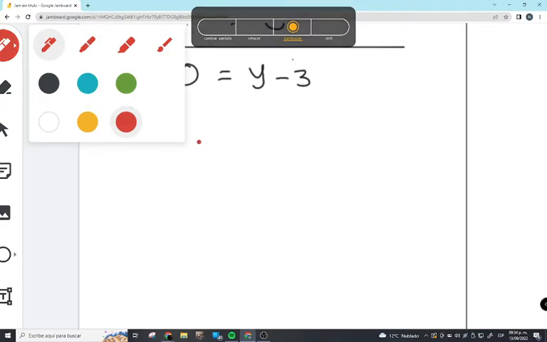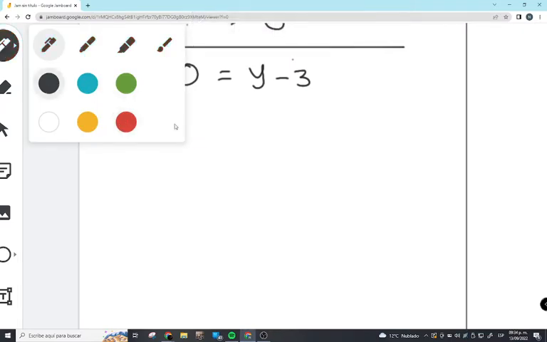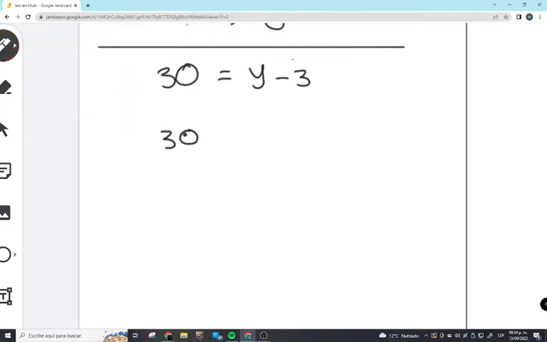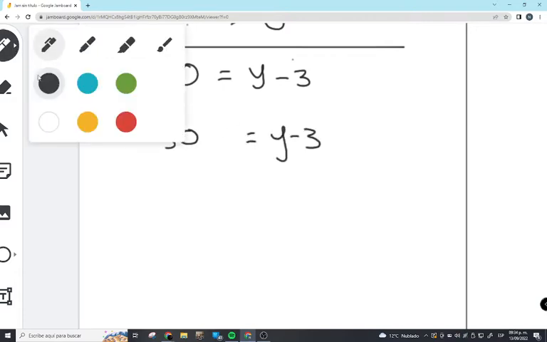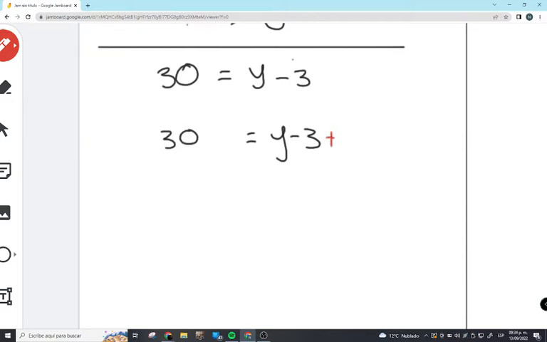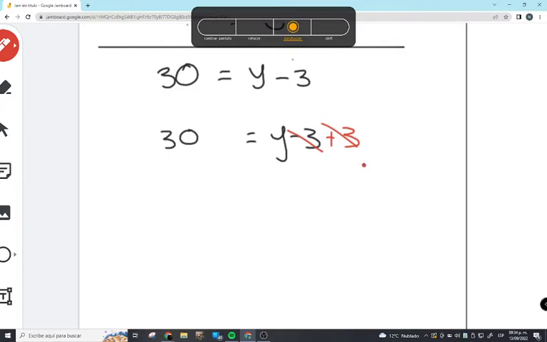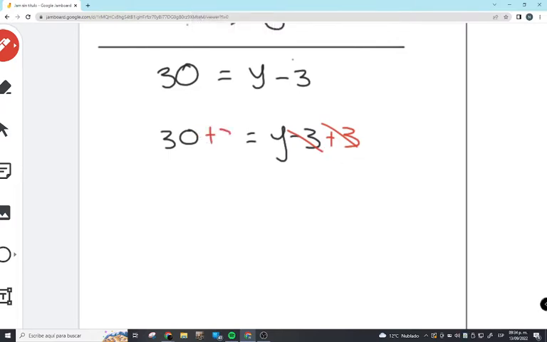Let me actually put it in another line. 30 equals y minus 3 plus 3. And remember, these two cancel each other out. But remember, we did something on this side. We have to do the same on the other one. So if here we added 3, we also have to add 3 on the other side.